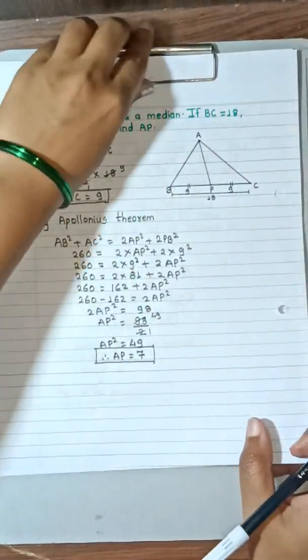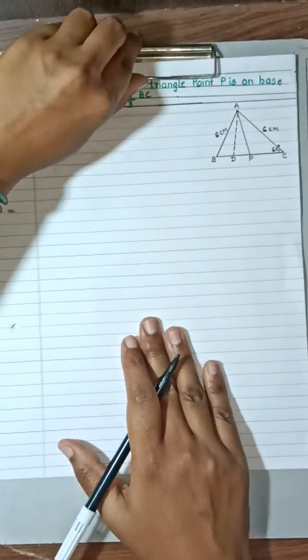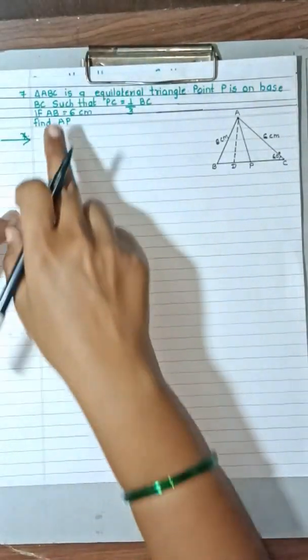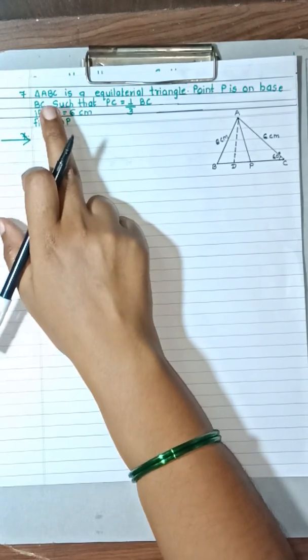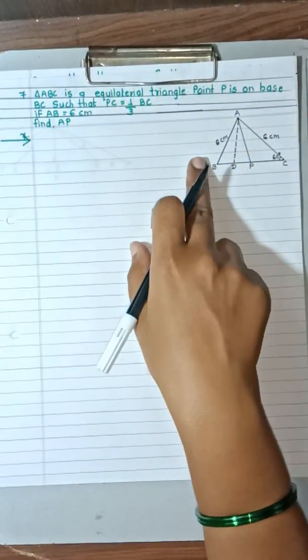Now let us move on towards question number 7. Children, in question number 7, they have said that triangle ABC is an equilateral triangle.